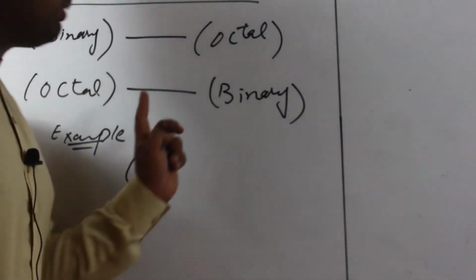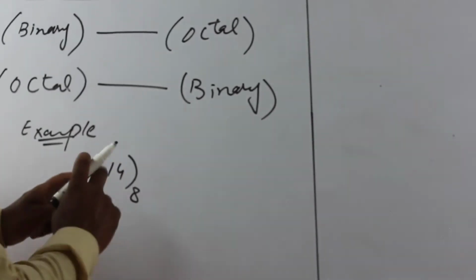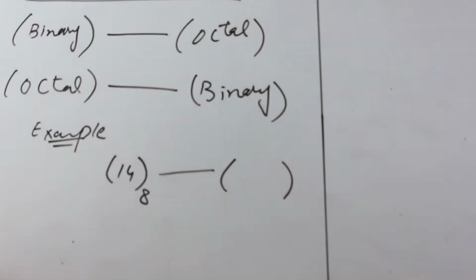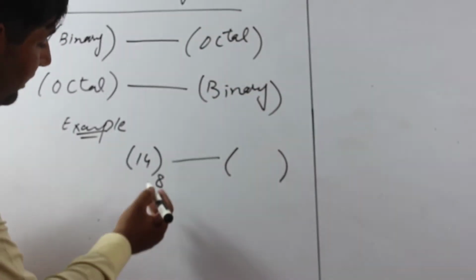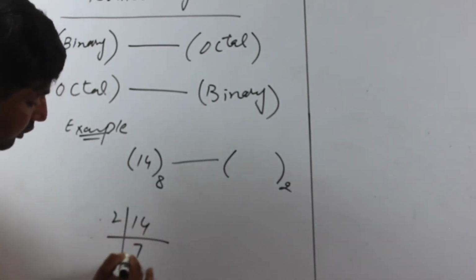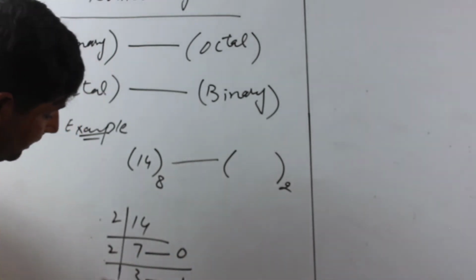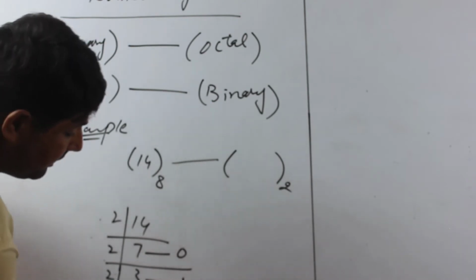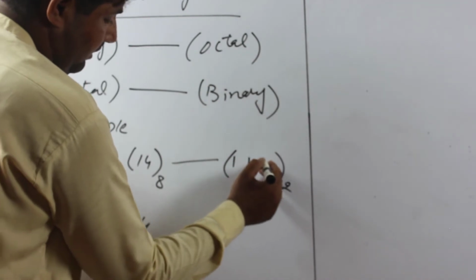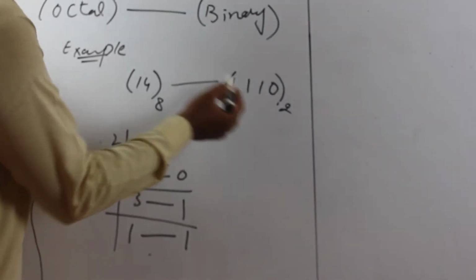When we convert it into the binary system, we use the factorization method. 14 divided by 2: 2 7s are 14, remaining term is 0. 2 3s are 6, remaining term is 1. 2 1s are 2, remaining term is 1. When we write it in binary, 1 1 1 0, these 4 digits show the binary number of the octal number 14.